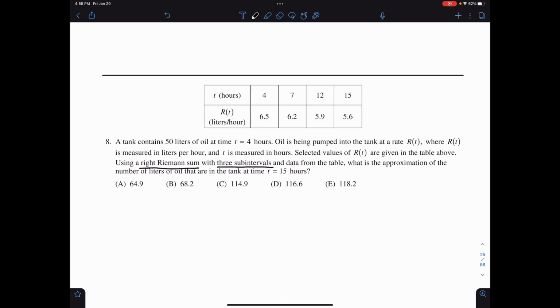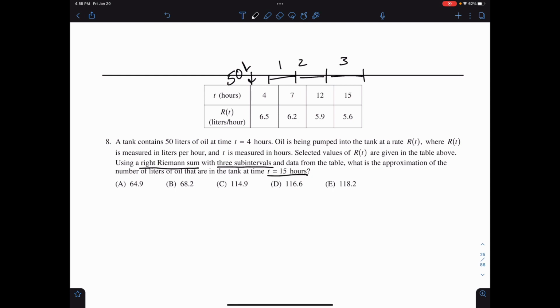So 2 key points here. We're using a right Riemann sum, and they want us to use 3 subintervals. So we're told that at t equals 4, there's 50 liters, and we want to use 3 intervals, 1, 2, 3, to approximate the number of liters at t equals 15.